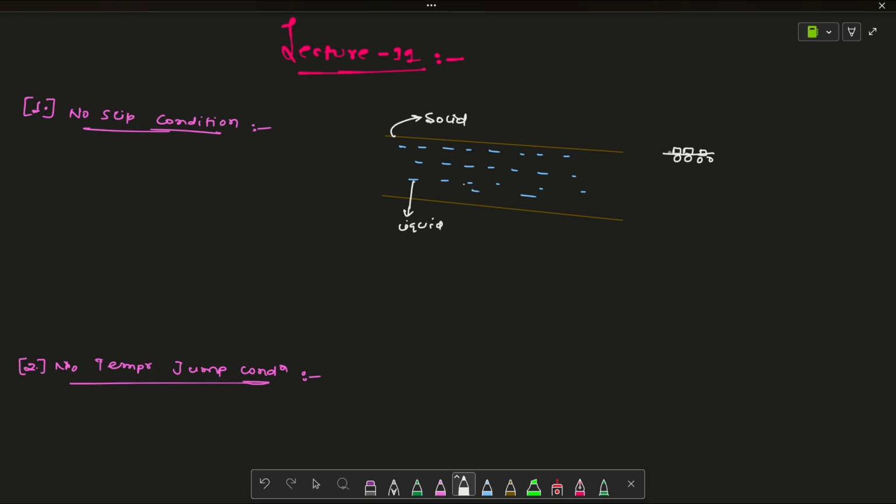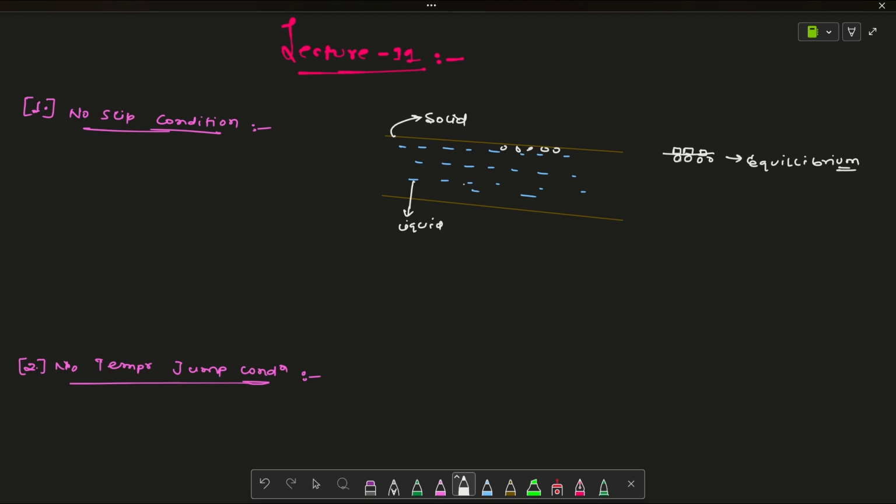Whenever the fluid particles interact with the solid particles, they interact and then want to be in an equilibrium condition. I'm talking only about the particles at the interface.